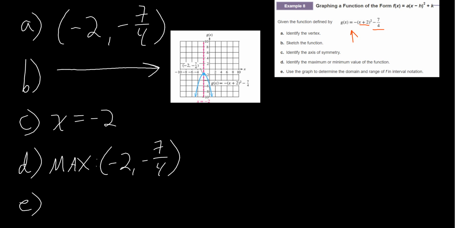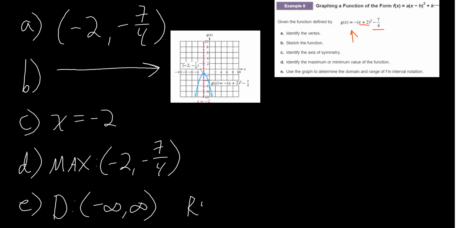We do indeed see the vertex here at -2 and -7/4, and we are pointing downward. The domain of our quadratic equations is always going to be -infinity to +infinity. Pretty easy. There's no tricks. That's it.